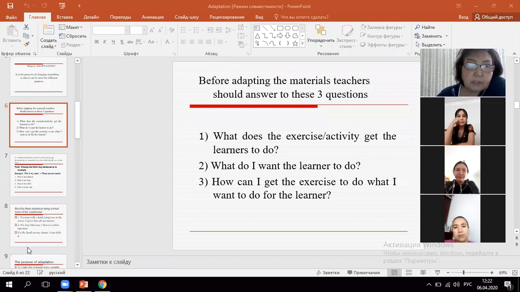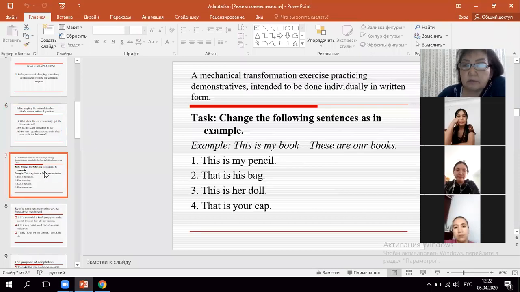For example, let's look at this kind of material. These materials are taken by me from school books for 5th and 6th classes. Yeah, for example, the task of this material is: change the following sentences as in the example. And the example is given, yeah.